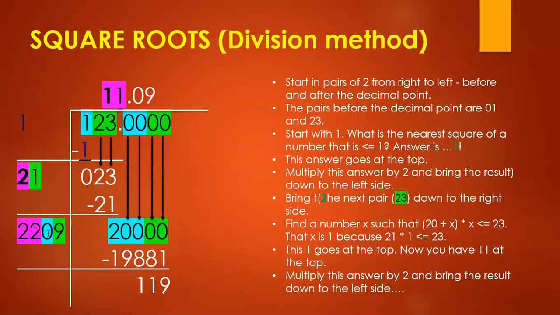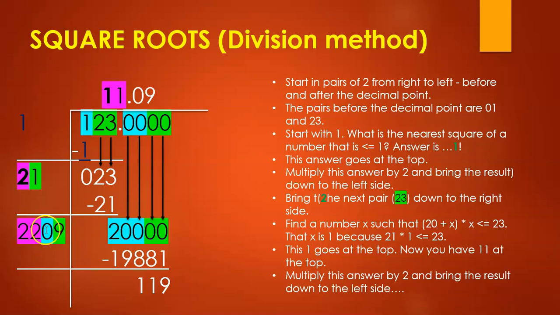We follow the same methodology for 220 as well. So 220x times x should give us a number that is less than or equal to 20,000.